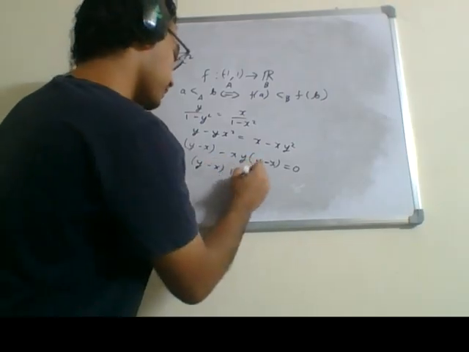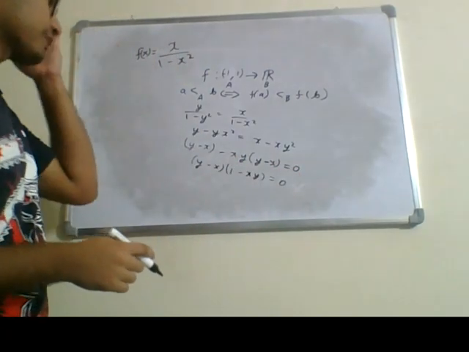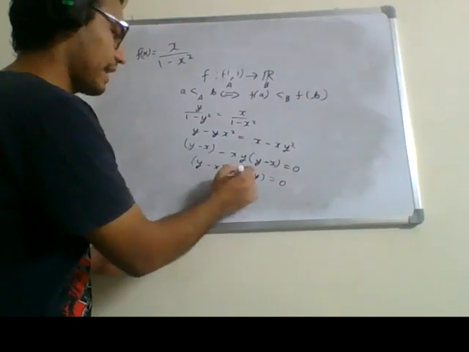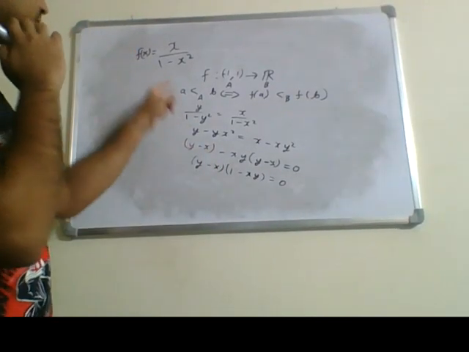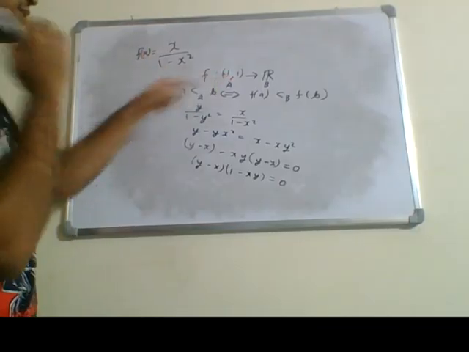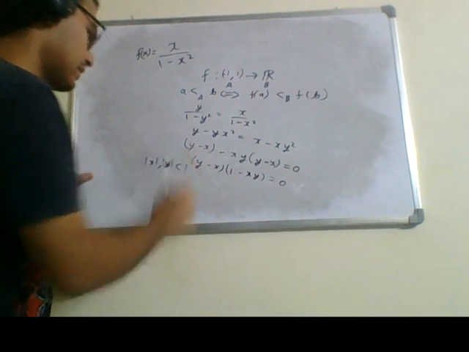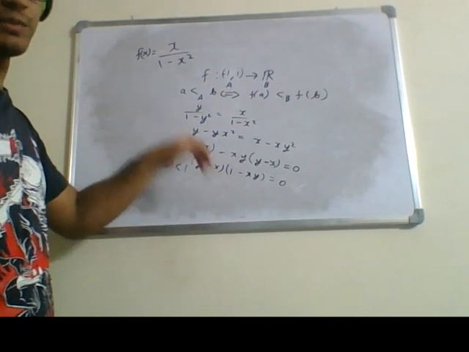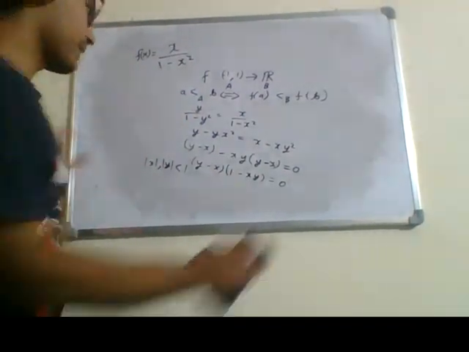We'll prove it later in the next section, but one of them has to be 0. Can this be 0? Well, x and y are both less than 1, so because of that, this is actually never going to be 0. So this means that y minus x is 0, which means y is equal to x, which means it's injective. Okay, so it's a bijective function.